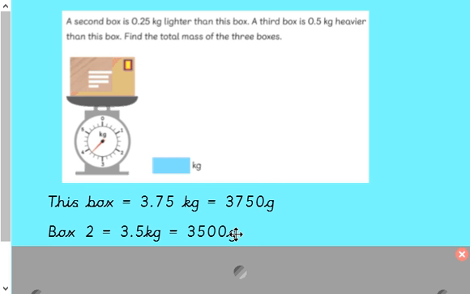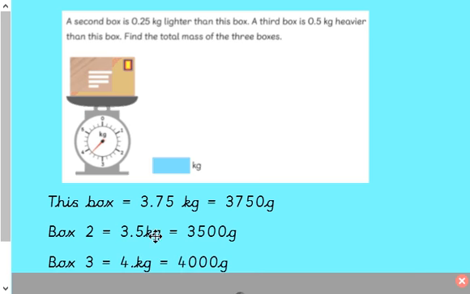So half a kilogram I know is going to be 0.5 or 500 grams. So if I'm going to find that and make that heavier, what do I need to do then? Well, I need to add on half a kilogram to the second box. So 0.5 kilograms added on would be 4 kilograms. Half a kilogram is 500 grams. So if I added it on, I would get 4,000 grams.